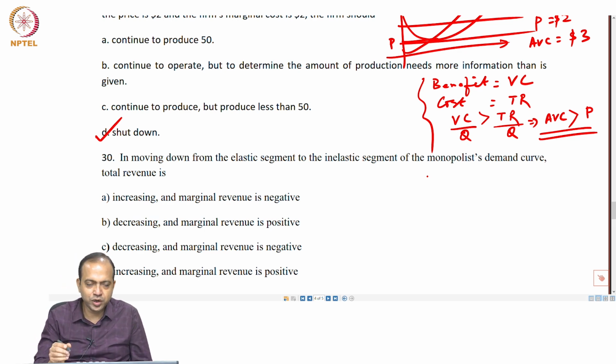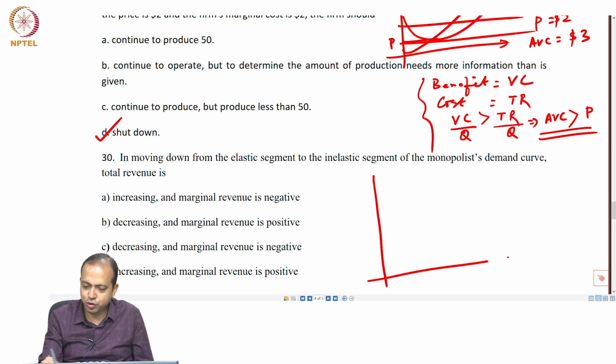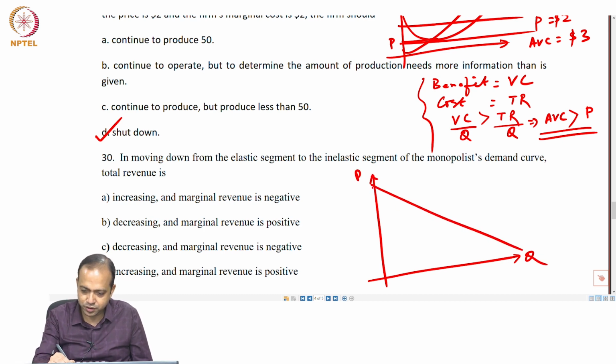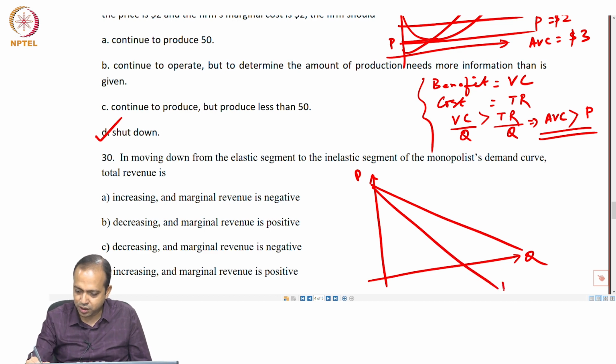Now, if you recall once again, we just discussed that when you have a monopolist, let us say this is Q, this is P, this is the monopolist demand, this is the monopolist MR, this is the MC.